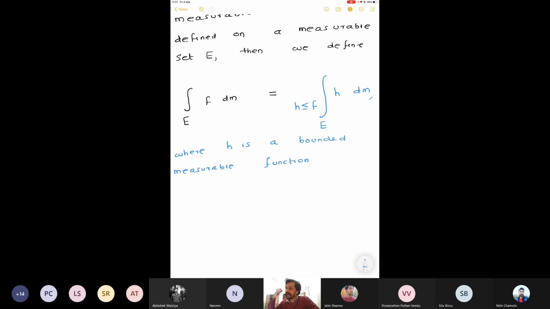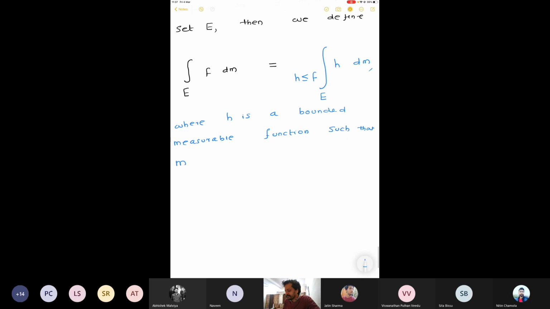So how to tackle that issue? Such that h is a bounded measurable function such that the measure of the set of all x such that h of x is not equal to 0 is finite.